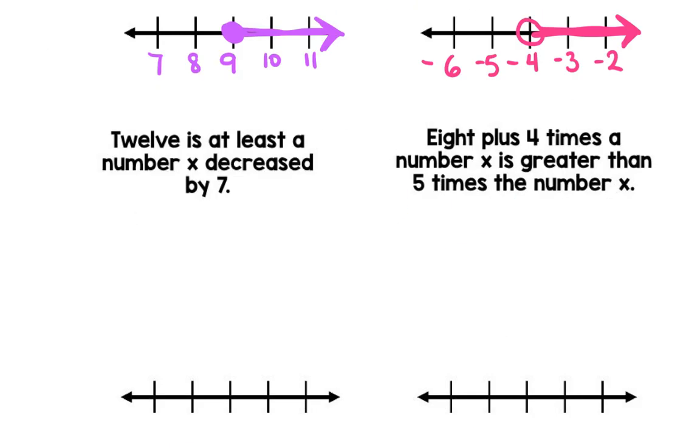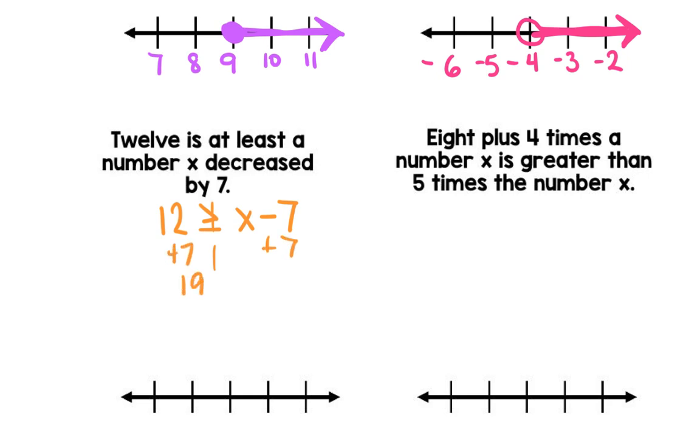12 is at least a number x decreased by 7. So 12 is at least, so greater than or equal to, x decreased by 7. To solve, I am going to add 7 to both sides.